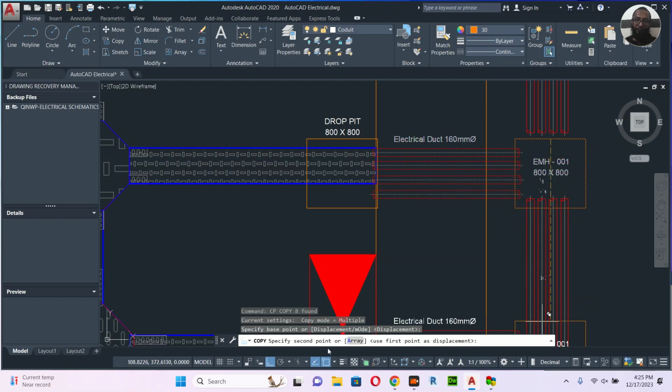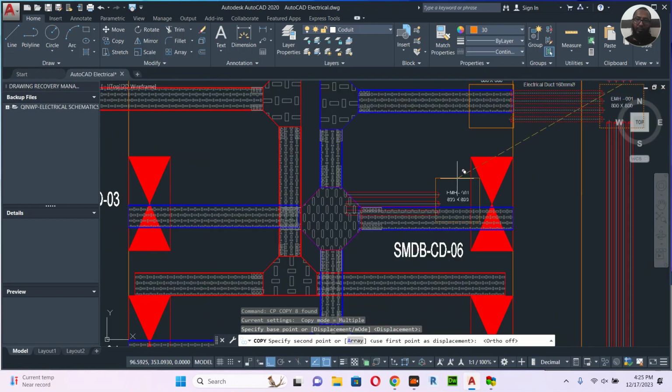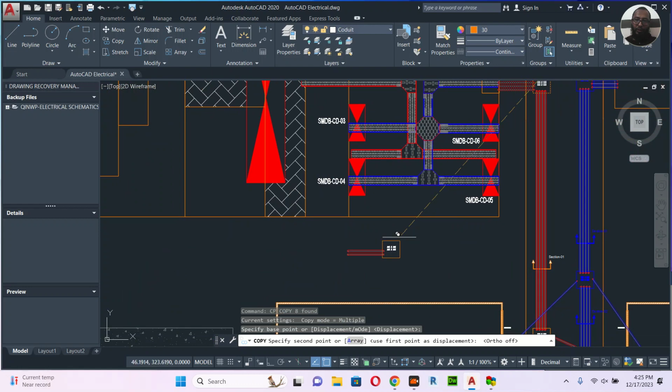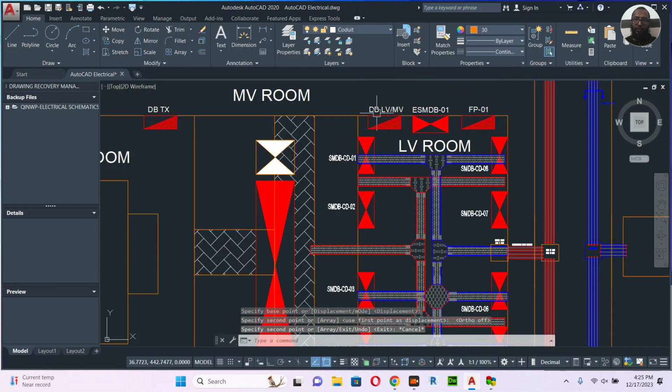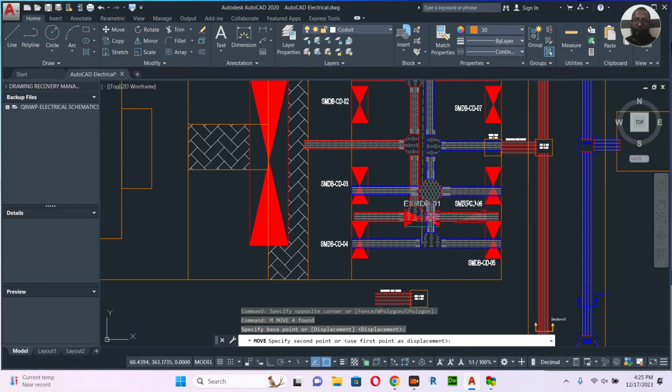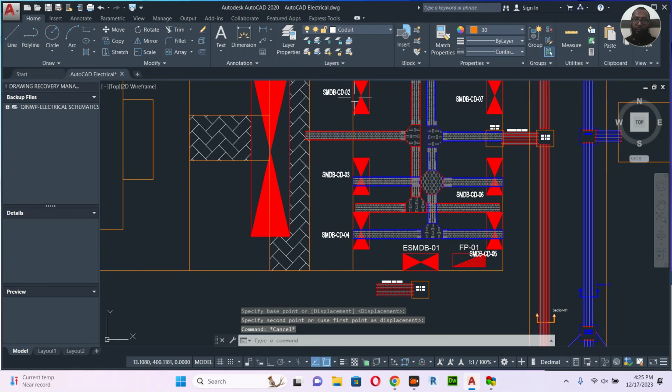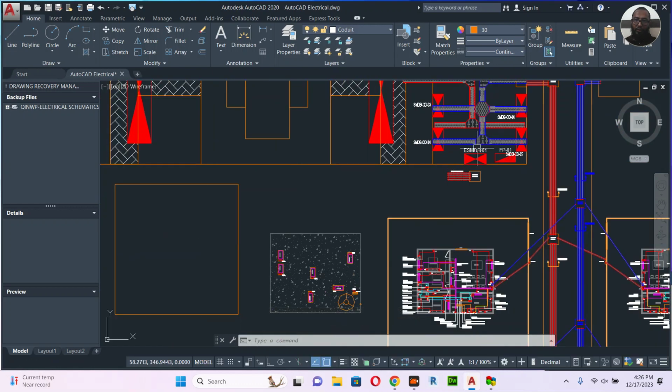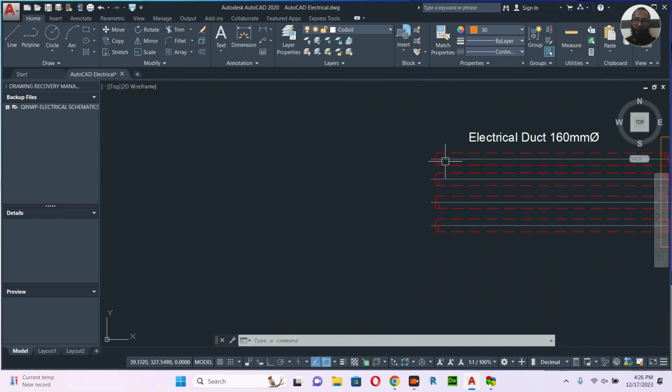So as we have this one here, we will just shift this to here. So one power coming from here to here, we can put a cable tray from here to here, and another power coming from the generator. I think 3 is enough.